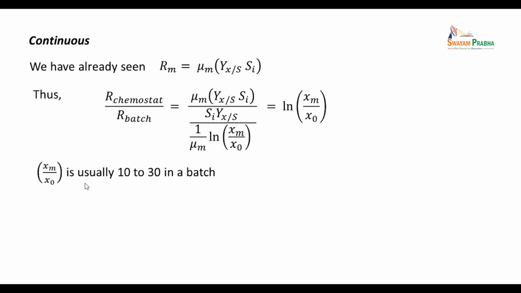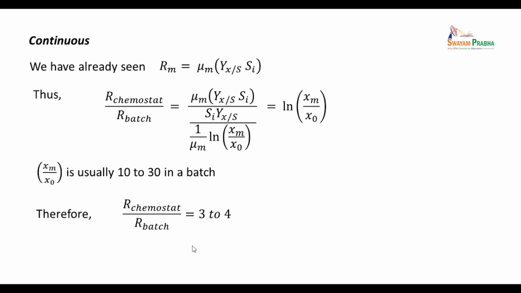That's what usually happens in a batch. Therefore, the log of this range of values of xm by x naught would be 3 to 4. Therefore, the ratio of the maximum productivities of a chemostat to that of a batch is 3 to 4.